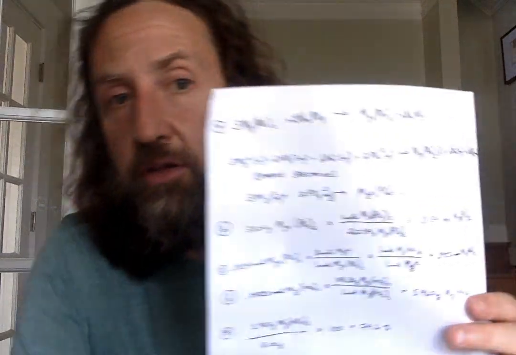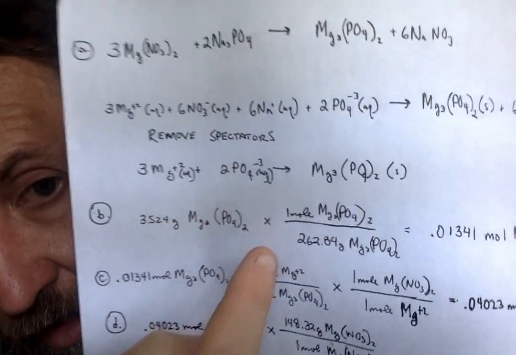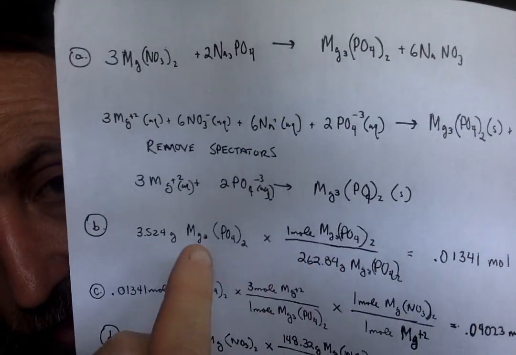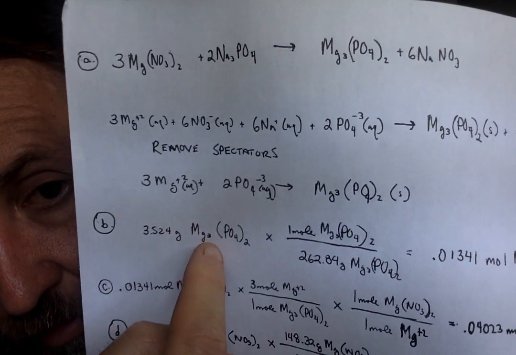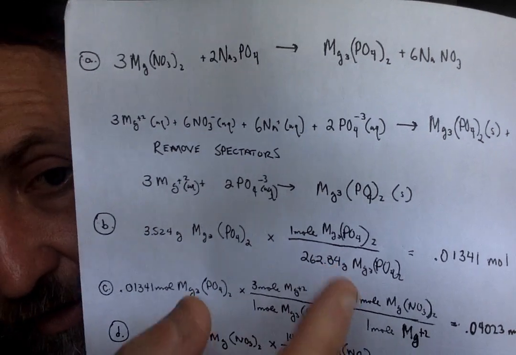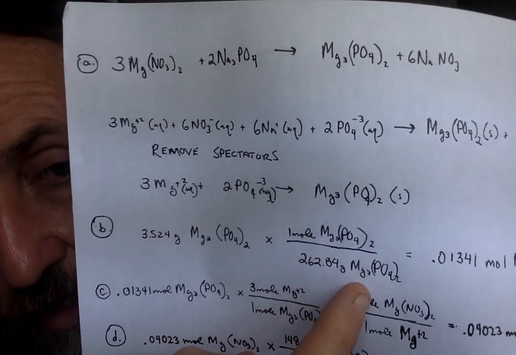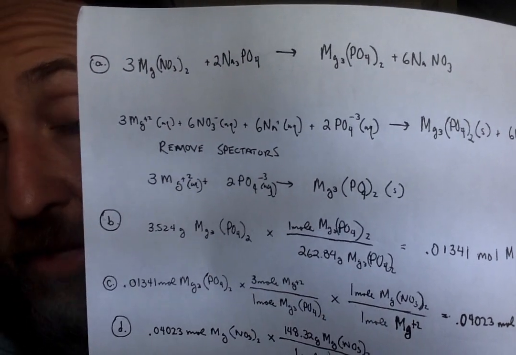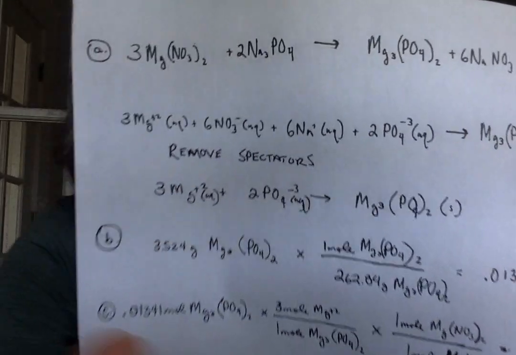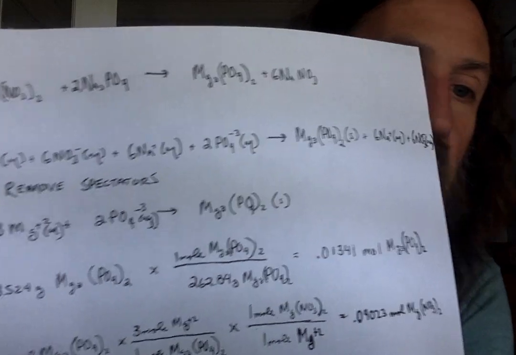Okay, so let's look at B here. Calculate moles of the precipitate. Well, that's pretty easy, because they tell us what the mass of the precipitate is, and what I meant to say was they tell us what the molar mass is. If you add that up, that's another indication that we're making that magnesium phosphate, Mg3(PO4)2.